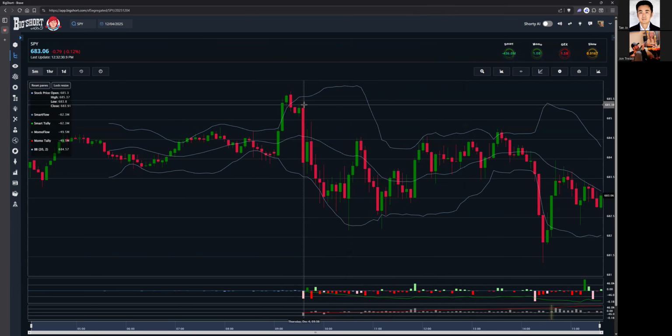Okay. And so as you can see, we did not break out of that opening range until well after noon. That looks like it was like 2:30 p.m. or something. So we need to break out of it before... well, actually, I don't know. What I do is 11:30 Pacific time.